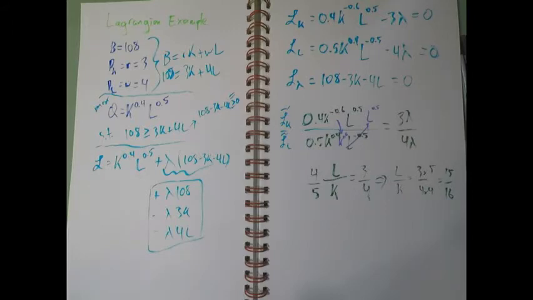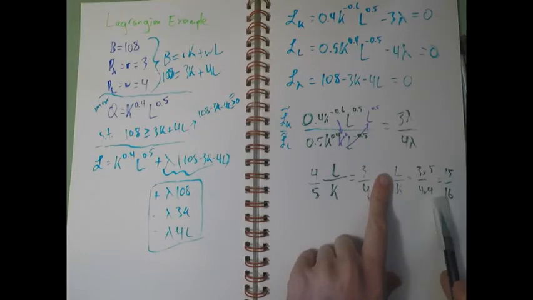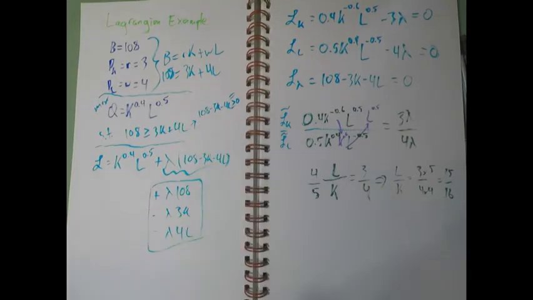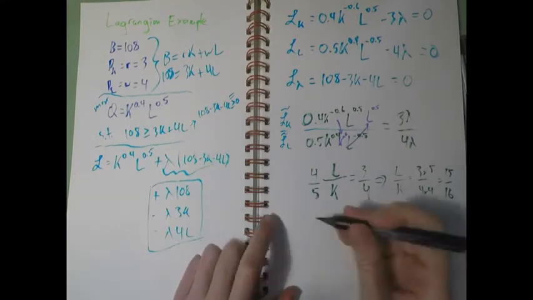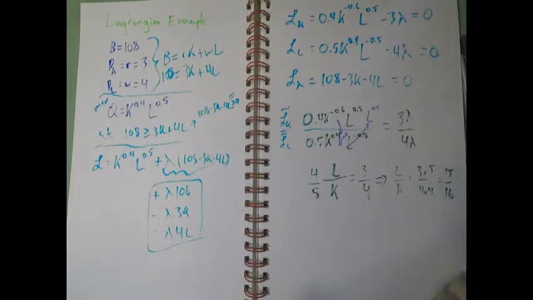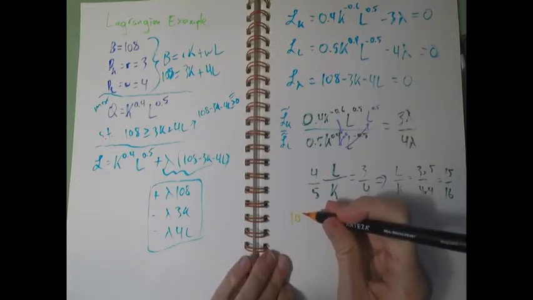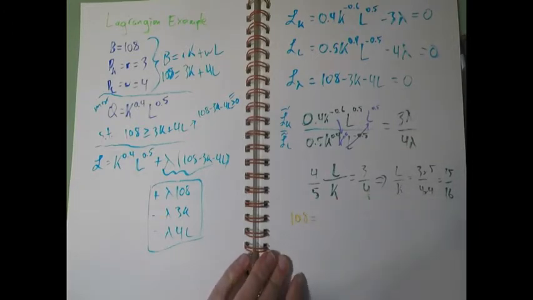All right, so what do we do with this? Well, now we can just plug these numbers, or use this ratio to solve all this stuff. So let's just go ahead and use our budget constraint. That'll be a little bit easier to work with. We'll switch to orange. So we got what? 108 equals 3k.